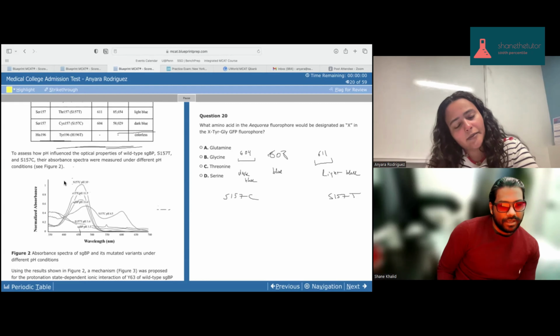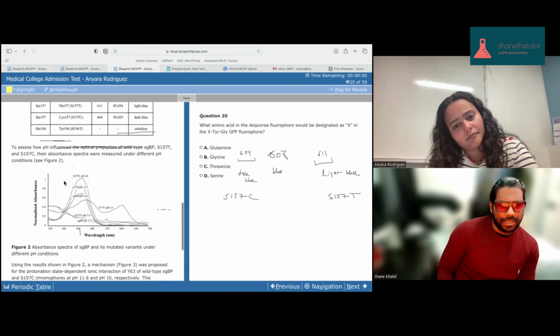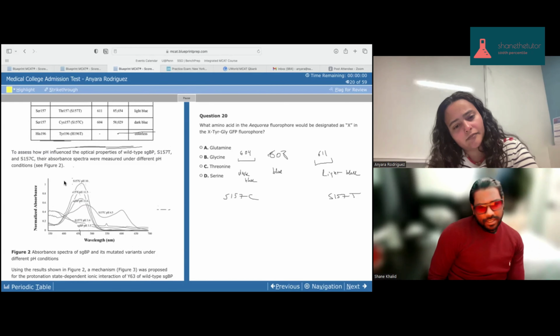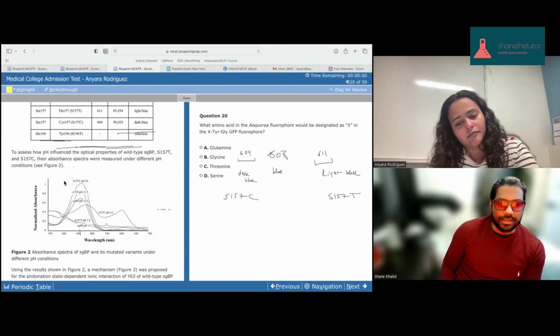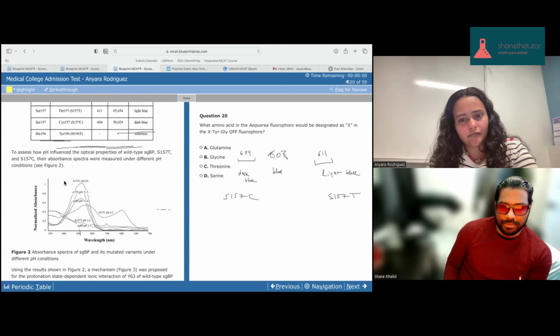And then we have this one with a pH of 4.5, which is also different, in terms of both the absorbance and the wavelength of maximum absorbance.